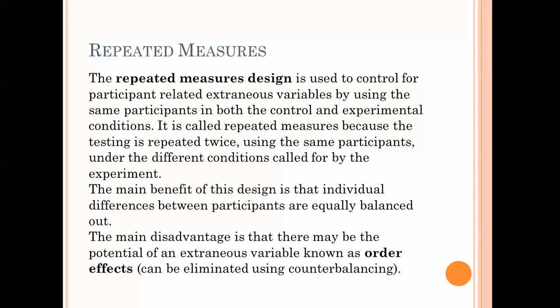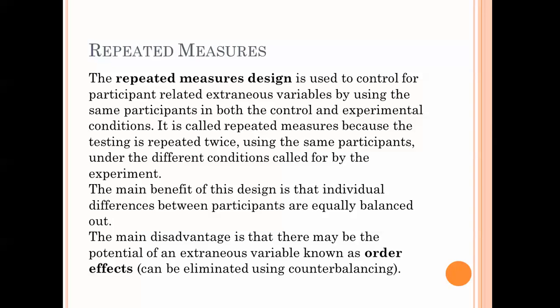One day you'd get them in, they'd all have lollies, then they'd all do an IQ test, you'd look at their results, and then another day you'd get them in and they'd all have no lollies, and then you'd look at their IQ test results on that day, and you'd compare them. So the same group of participants, and they're basically repeating every aspect of the experiment on each of the participants.